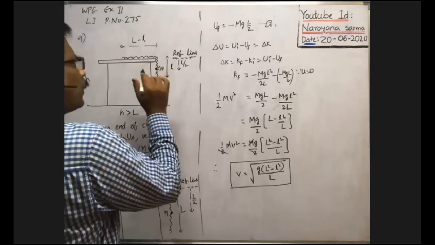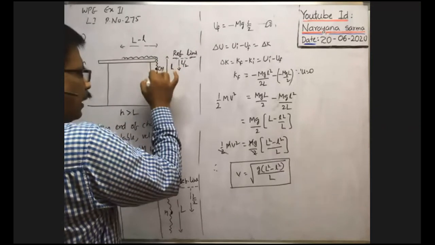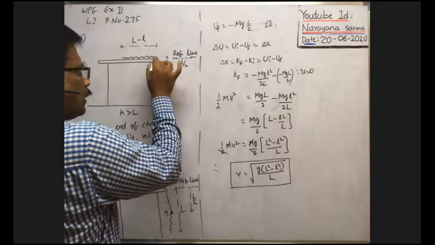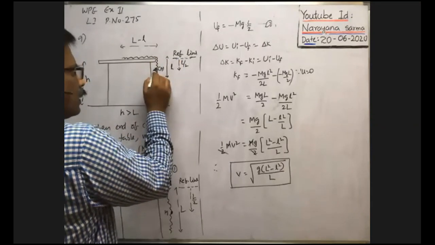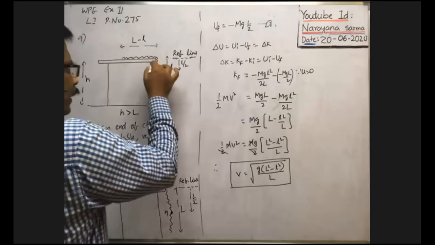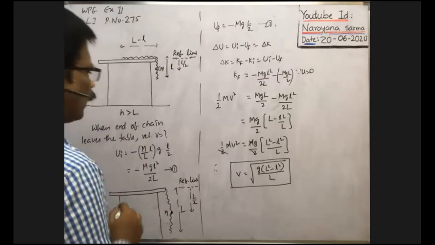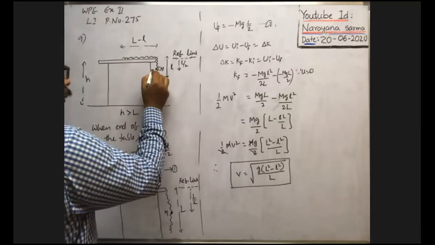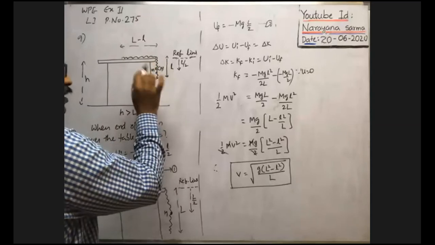What is the initial potential energy? As the mass is distributed along its length in case of the hanging part, we have to consider the central mass concept. Okay, here exactly in case of hanging part, central mass lies exactly at the midpoint. At the midpoint, the total mass of the hanging part can be imagined, small m. Say mass of the hanging part initially is small m.